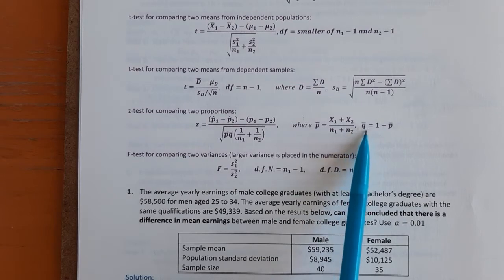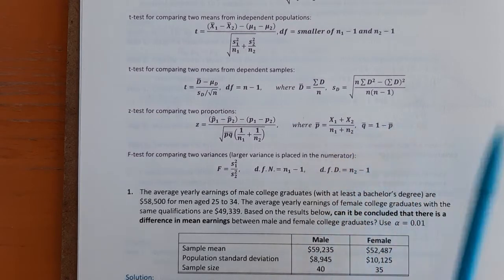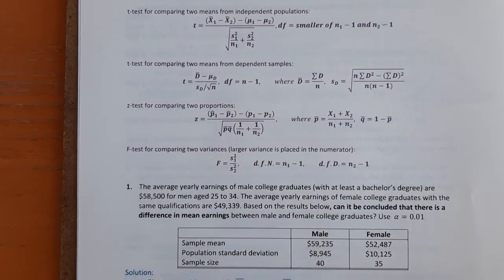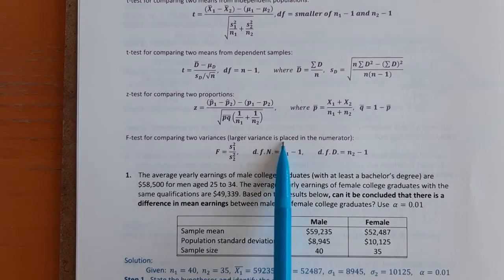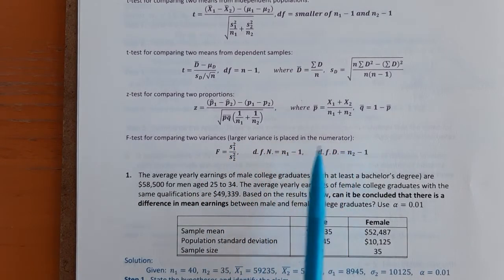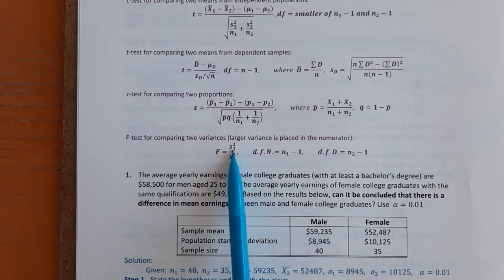Q bar is 1 minus P bar. Next, F test for comparing two variances: the larger variance is placed in the numerator, sample variance S1 squared, over the smaller variance S2 squared in the denominator. And this is the F test.